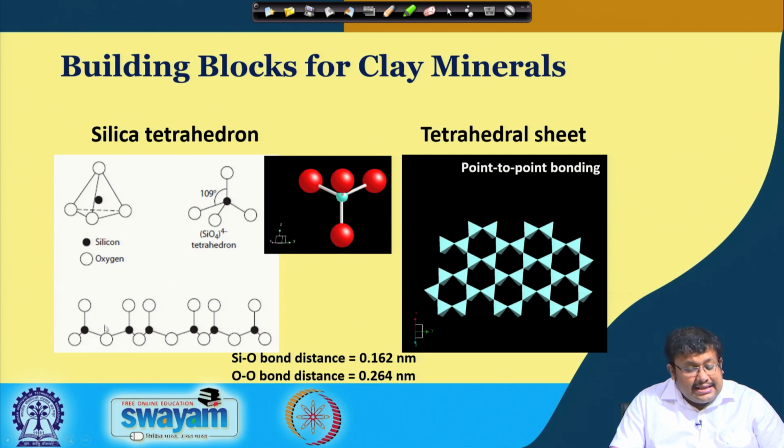When these individual silica tetrahedra share their oxygen between two adjacent tetrahedra, they form a sheet-like structure, and we call this a tetrahedral sheet. This is the individual silica tetrahedron in 3-dimensional form, and this is the tetrahedral sheet generated by sharing their points.